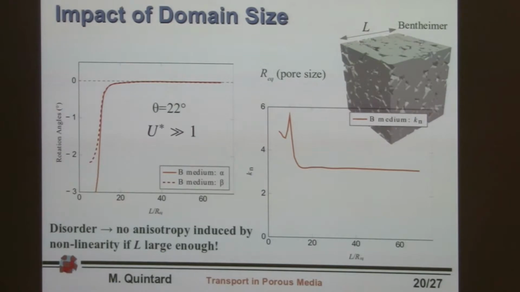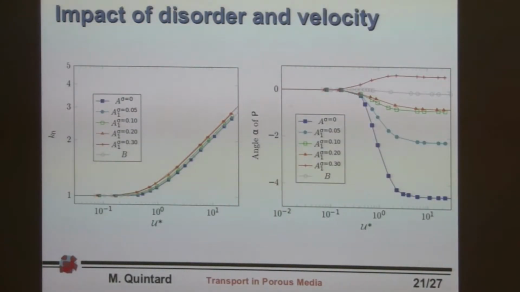If I look at the scalar coefficient that depends on the velocity, it does almost the same thing. I reach a plateau. The length scale here is scaled through an equivalent radius, which is calculated through some geometrical feature of the system. You need more than 20 equivalent pore scales if you want to reach this plateau, so this depends on the size of the system.